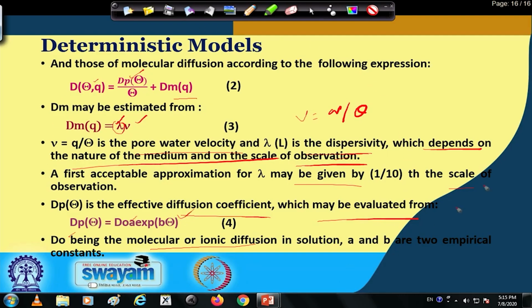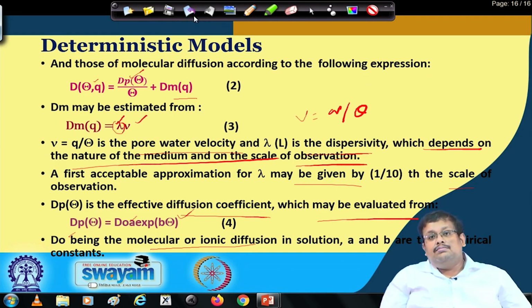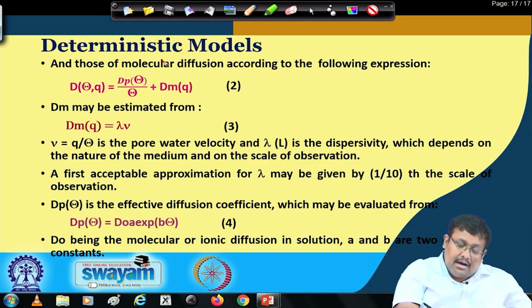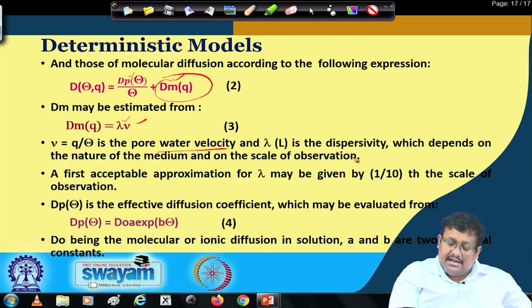So, this is how we define each term of a one dimensional CD equation. Again, in the CD equation, the dispersion coefficient can be expressed as the summation of these two components, where the first component can be estimated by lambda multiplied by v. v is the pore water velocity, lambda is the dispersivity, and lambda depends on the nature of the medium and the scale of the observation.